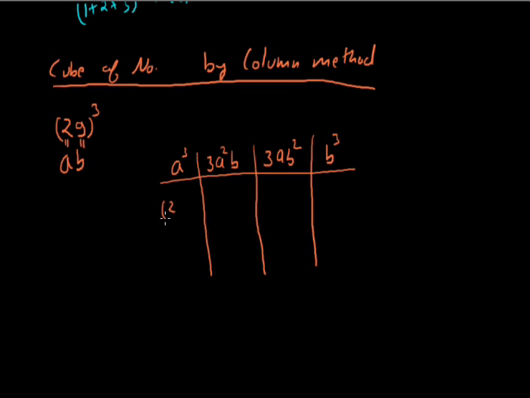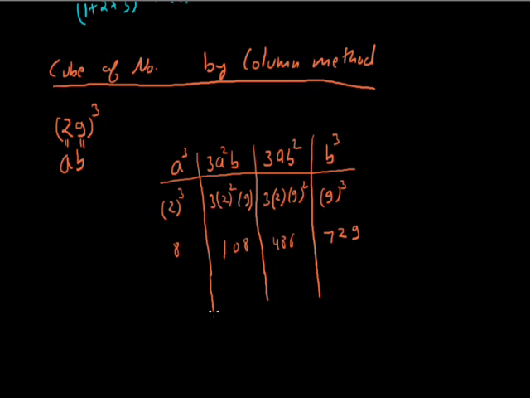Now after that, what we have to do, we start with the last column. We underline the unit digit and carry forward the remaining digits.